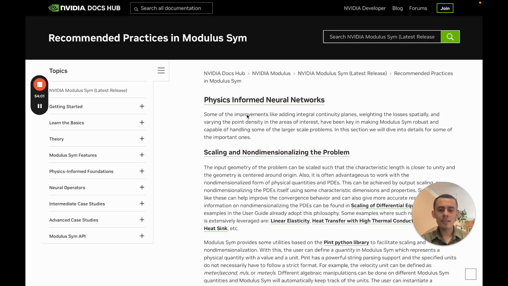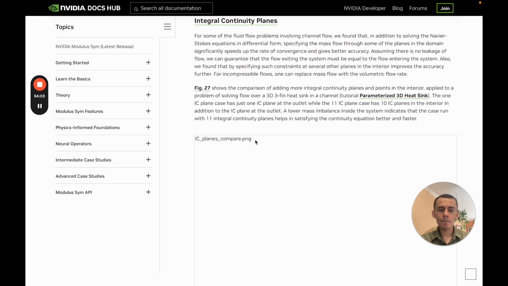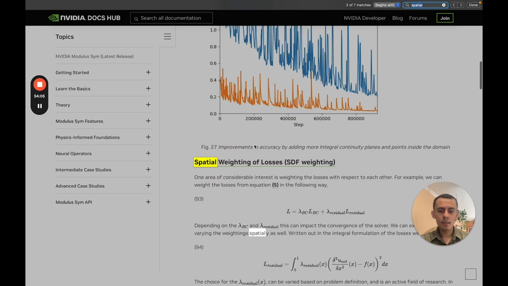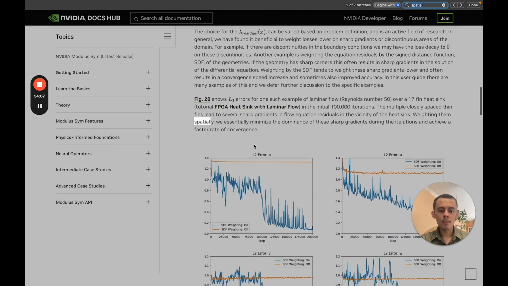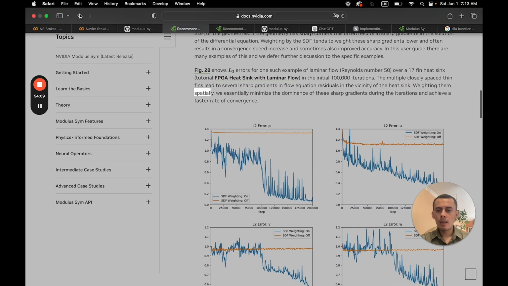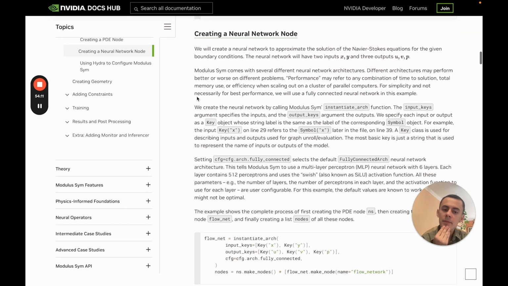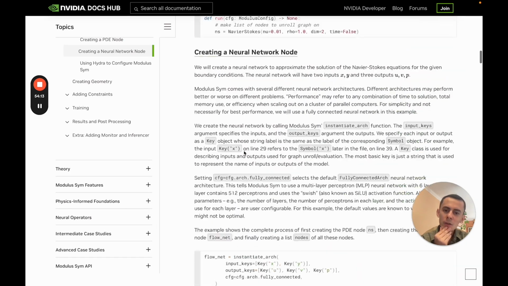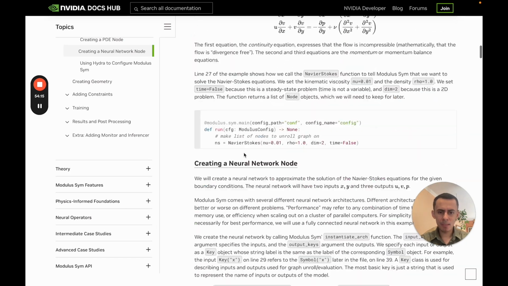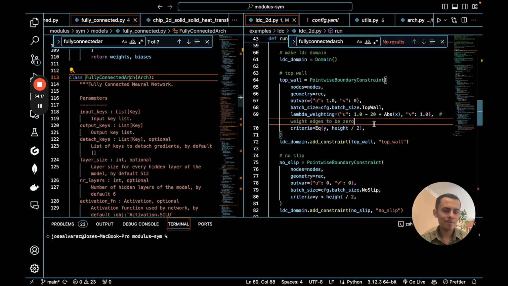They talk about spatial weighting of losses, I think. So that's the concept. All you need to know is that if you work out the math here, the value of x is 0.05 at most in either direction.